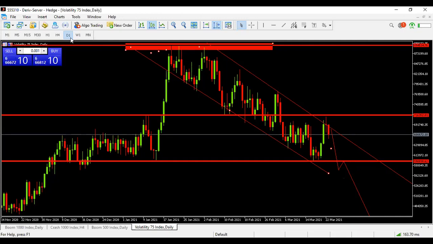For instance, you are using the daily time frame and price has broken through this zone. If it comes back to retest this zone again, allow a daily candlestick to finish forming.